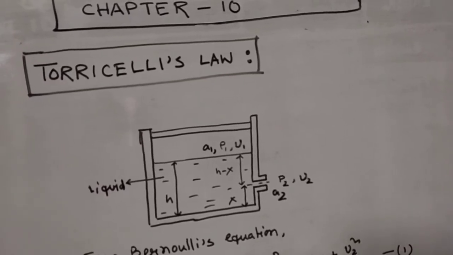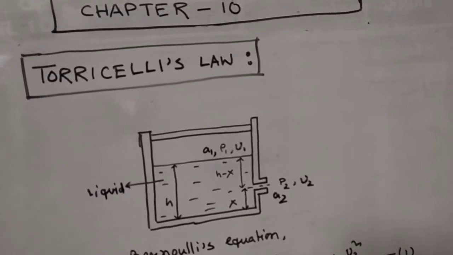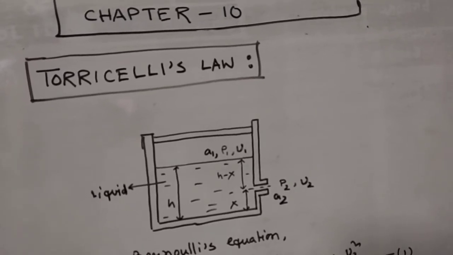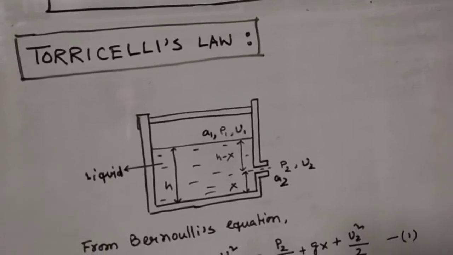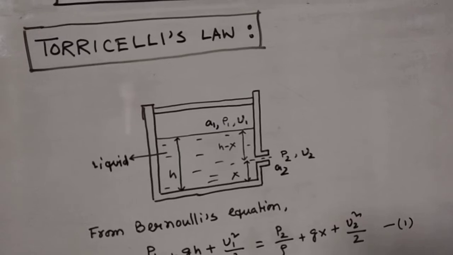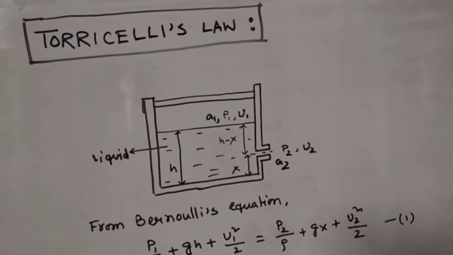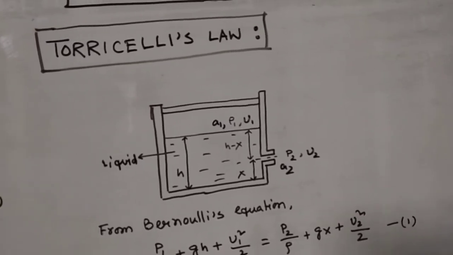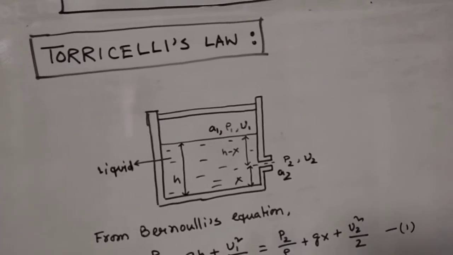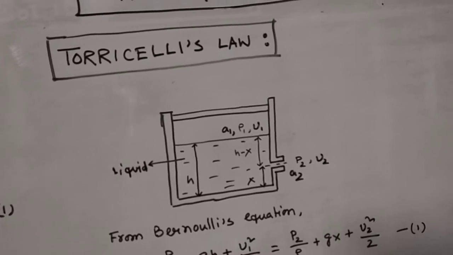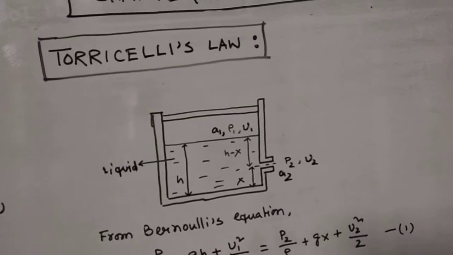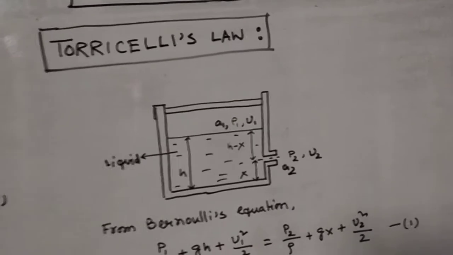Now there is a pressure P1 inside the container at the free surface of the liquid, and another one is your pressure P2, which is nothing but your outside pressure, or you can say the pressure of the liquid with which it moves with the velocity v2, and v1 is the velocity of the top free surface of the liquid, by which it is getting down as the liquid is coming out through the narrow opening of area of cross section A2.